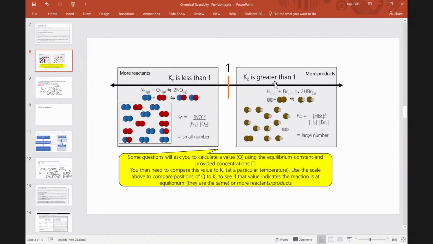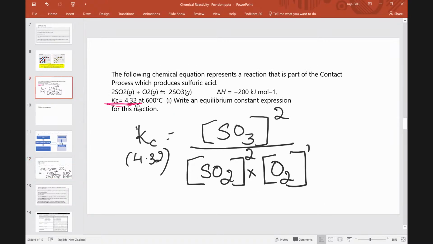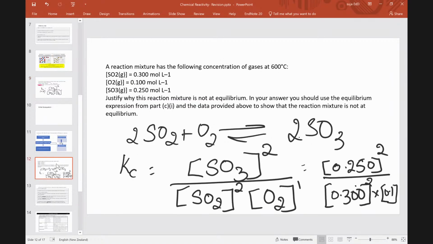If your Kc is more than your original answer of 4.32, then there are more products and obviously it is not in equilibrium either way. You can only say the reaction is in equilibrium if the Kc value you get here is 4.32, which was given to you in this equation. If it is the same value, then only you say it is in equilibrium. And if it is not, then it is not in equilibrium.